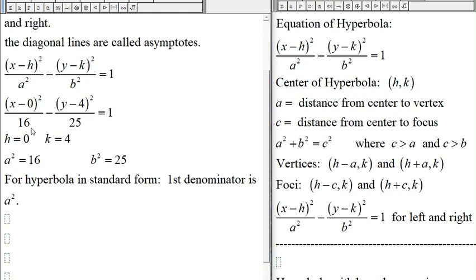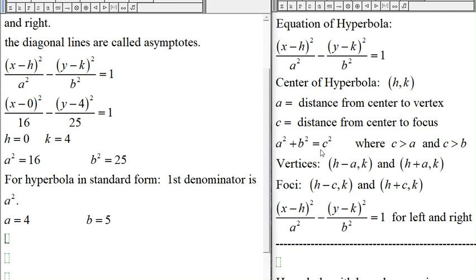So in this case, we have a squared is 16 and b squared is 25. Then right here, take the square root of both sides. Then we get a is 4. And same thing here, take the square root. Then we get b is 5.